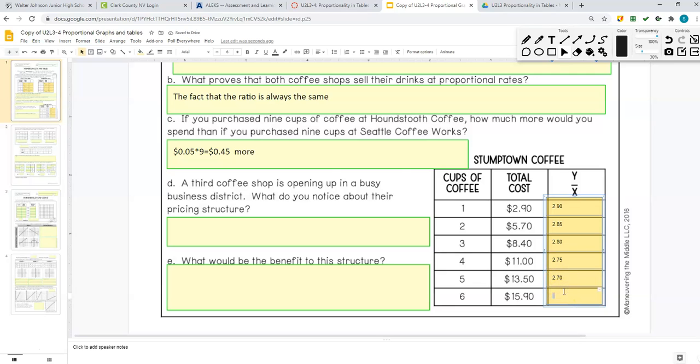So the ratio is not the same here. Alright? So, it is not proportional. In fact, it decreases as you purchase more. So the cost per cup decreases as you purchase more.